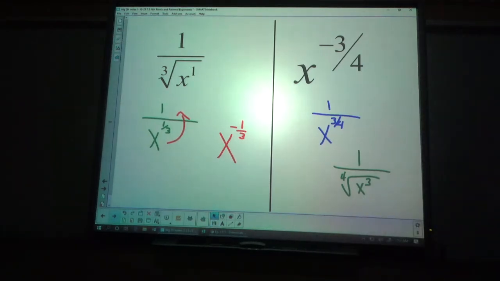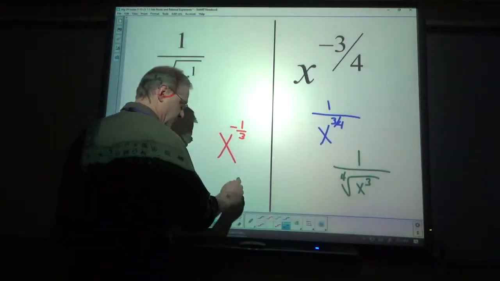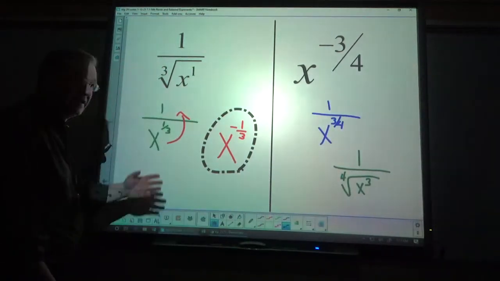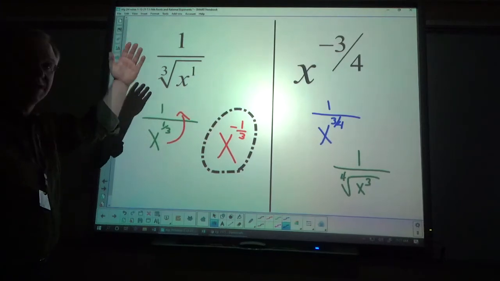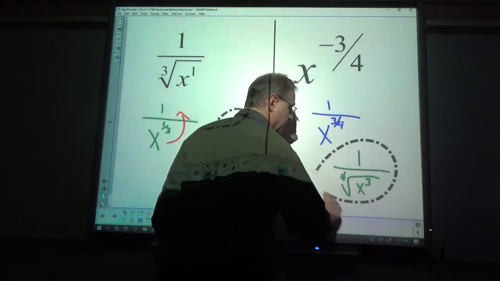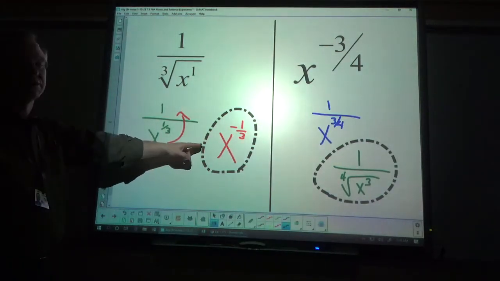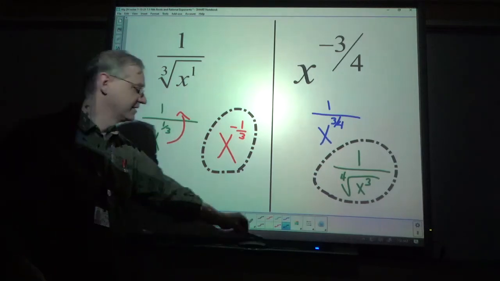And you would be expected to do that in these cases. So here's our final answer when we're asked to rewrite this in radical form, and rewrite that in rational exponential form. Excuse me, I said the wrong thing.